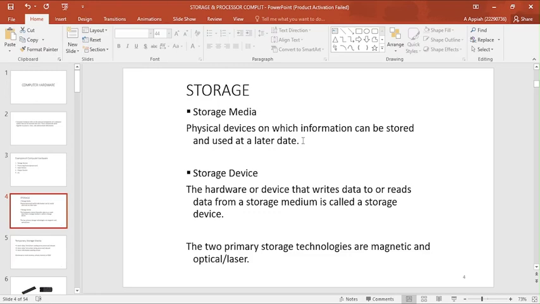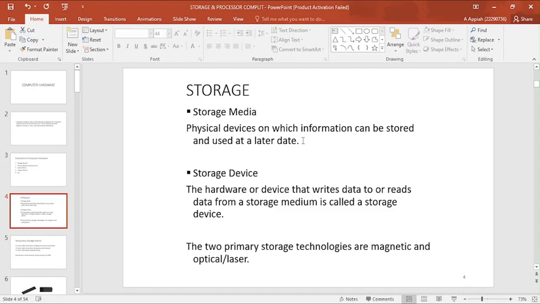So one will hold or store the data itself, and one will allow us to write data onto the storage medium, or it will allow us to read data from the storage medium. So we read data from the storage medium or we write data onto the storage medium.